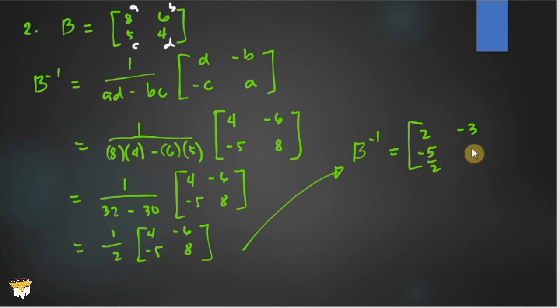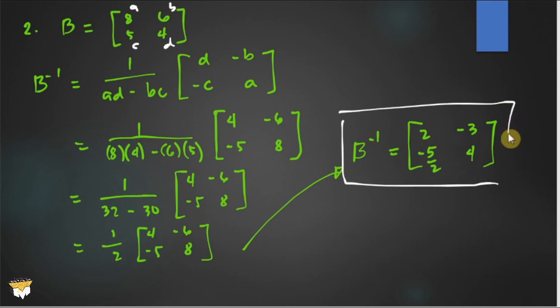Then 1/2 times 8 is equal to positive 4. So this is now the inverse of matrix B. So ano yung inverse ng matrix B? We have 2, negative 3, negative 5 halves, then positive 4.